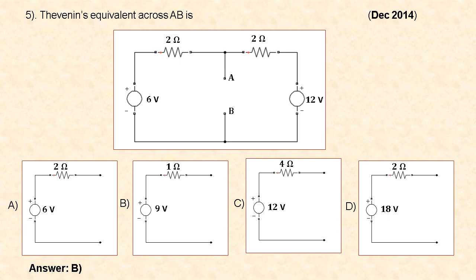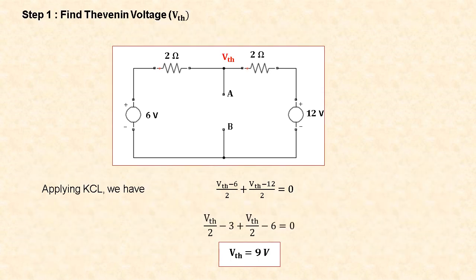Here they have given two independent voltage sources, 6 volt and 12 volt, and two resistors each of 2 ohms, and they have asked to find the equivalent across the terminals A and B. The options are 6 volt in series with 2 ohm, 9 volt in series with 1 ohm, 12 volt in series with 4 ohm, and 18 volt in series with 2 ohm. Here the answer is option B, 9 volt in series with 1 ohm. Let us see how we got this.